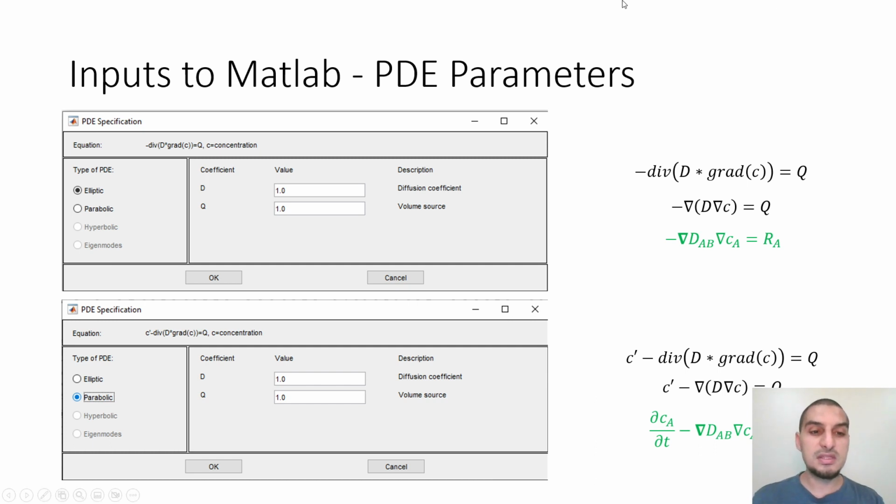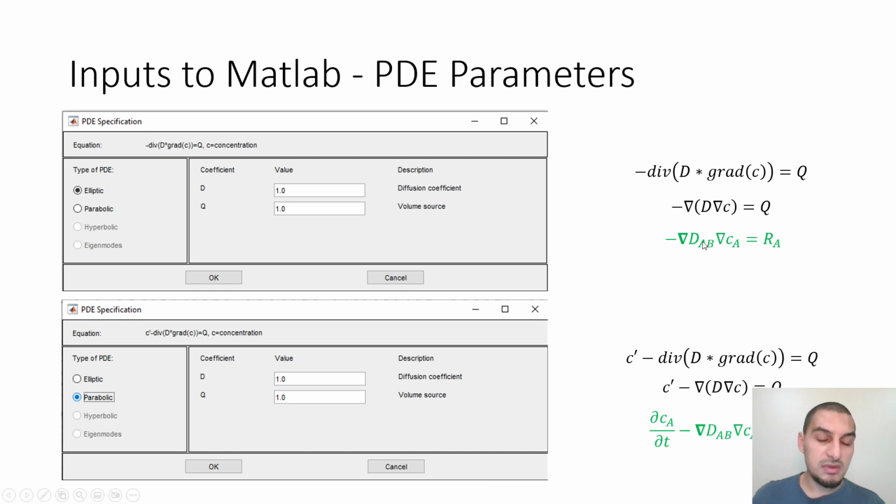So for instance, in this shape for the elliptical equation, it says negative divergence of d multiplied by gradient of c equals q, which can be mathematically represented as we see here. It's negative del of d del c equals q, which is the steady state continuity equation.